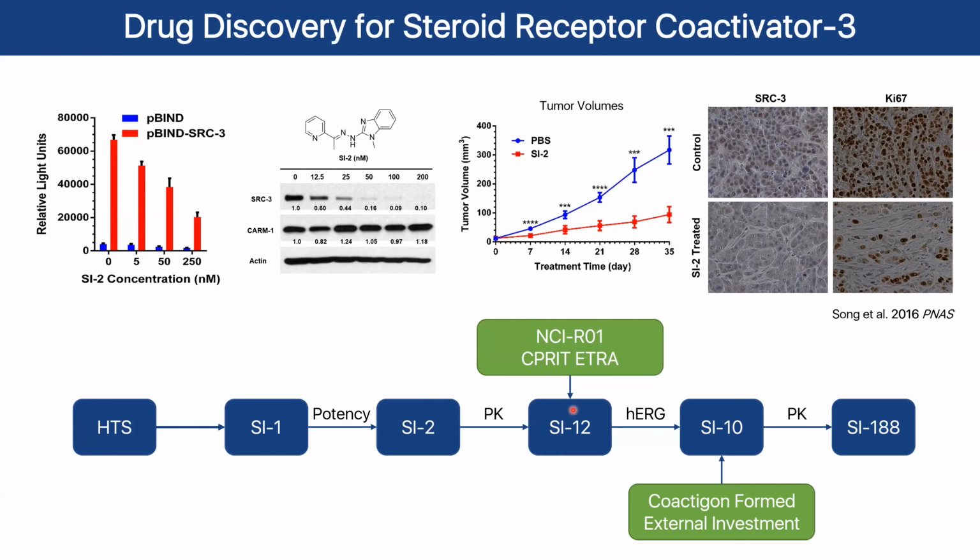Fortunately, we got some money to work on this. And then we were excited because ISI-12 has a plasma half-life of over 10, 10 to 12 hours. That looks good. But then later we found ISI-12 has some sort of cardiotoxicity, inhibits the hERG channel. That kind of disappointed us. Then we went back and developed this so-called ISI-10.